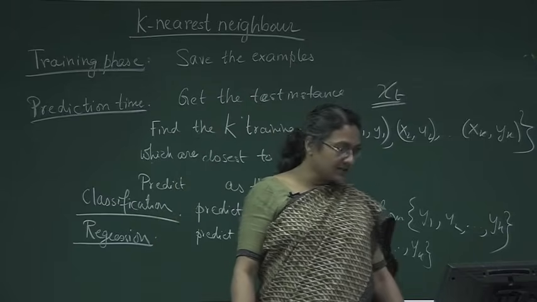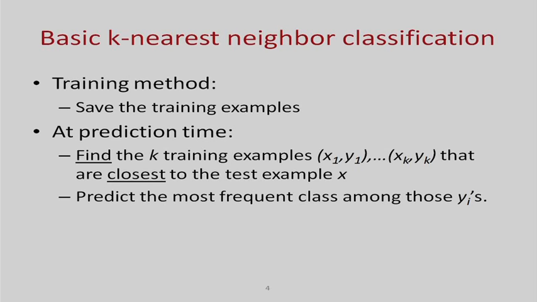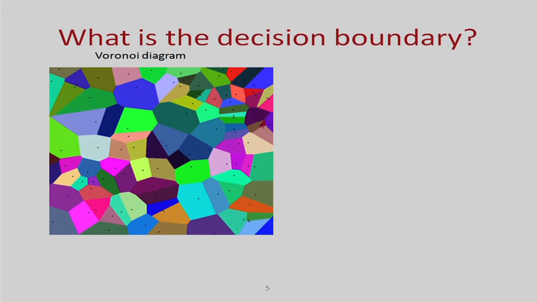Now, let us just look at the one nearest neighbor. If you look at this slide here, these points are the different instances in the instance space. Depending on where your test point is, if your test point is here, the closest point to this is this point.